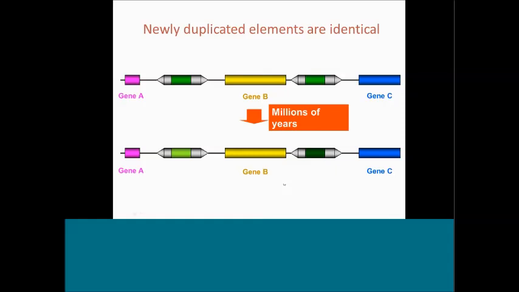When the two elements just formed, of course we will define them as the same family or even the same subfamily. But after several million years, they don't look so similar. Then according to the sequence similarity, we may define them as different families, but they are indeed derived from a single element.